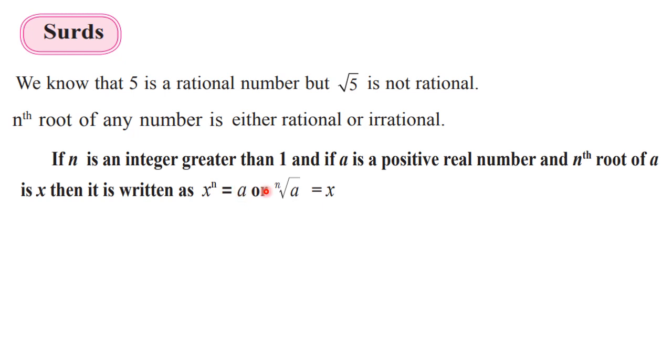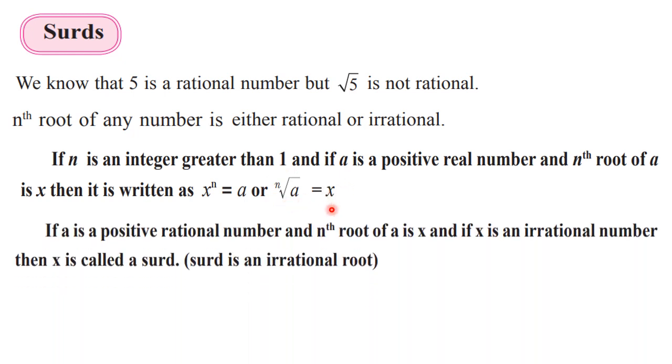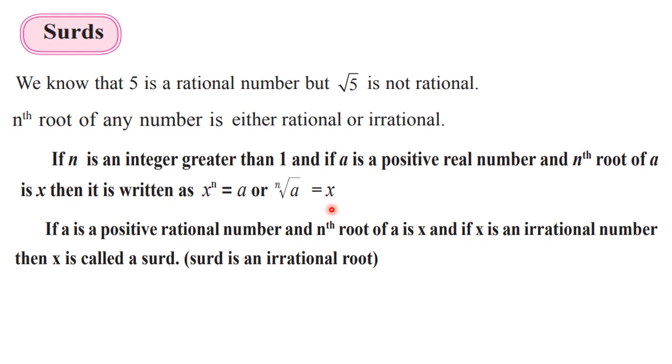If we take the nth root on both sides, it is written as nth root of a is equal to x. Now in this case, if x is an irrational number, then we can say that this particular number, that is nth root of a, is a surd.